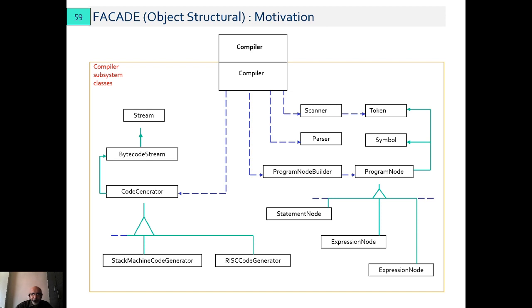Compiler subsystem classes: scanner, parser, the tokenizing, symbolizing, program node builder, then the statement node, expression node, multiple expression nodes will be coming in. Then the code generator, the bytecode system, and the stream. So this is one way to see the hierarchy.